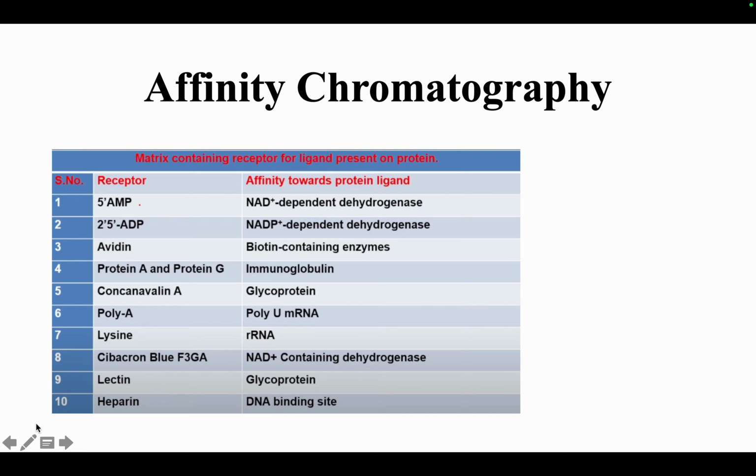So what are the advantages of this affinity chromatography? We have different advantages. First and most important is specificity. We can specifically purify the enzyme of our interest, like NAD plus dependent dehydrogenase or any biotin containing enzymes or immunoglobulins. So specificity is very high in this type of chromatography. Also, the purity and yield which we get are very high.